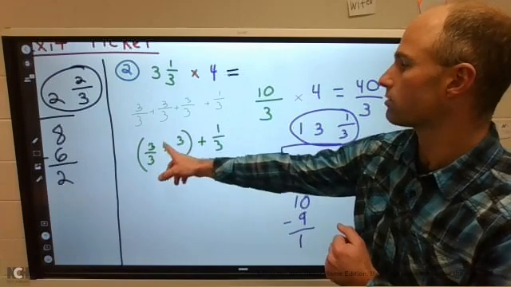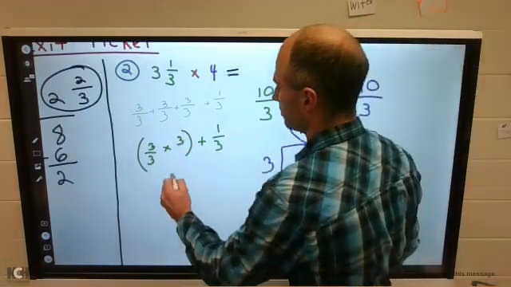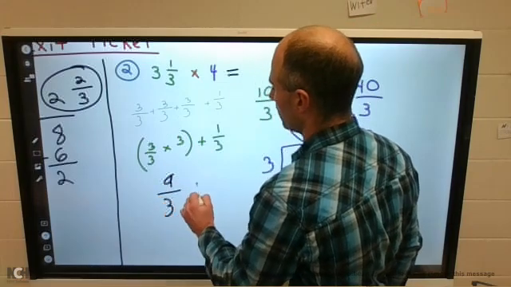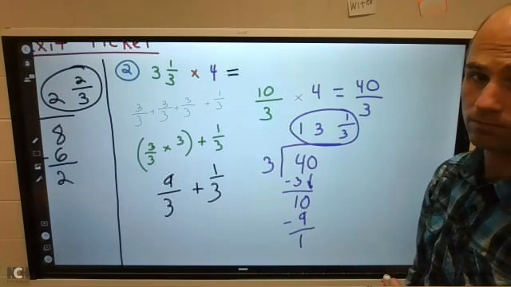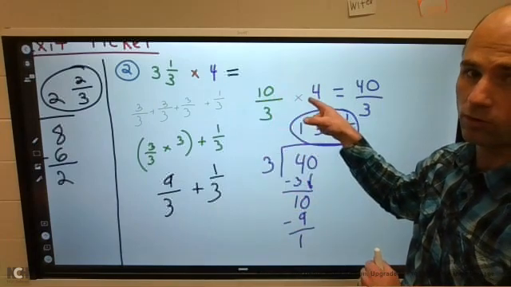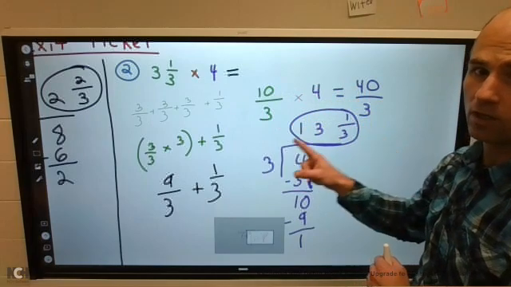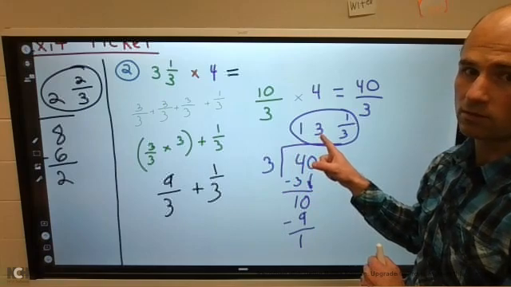I'm sorry, 3/3 times 3 equals 9/3. Forgot that, write that down here. Plus 1/3 gave me my 10/3. I'll take 10/3 times my whole number of 4 to get 40/3. 3 goes into 40 13 times.